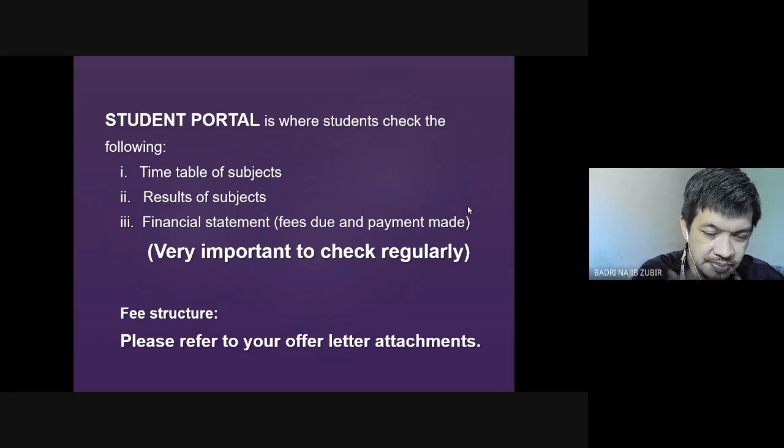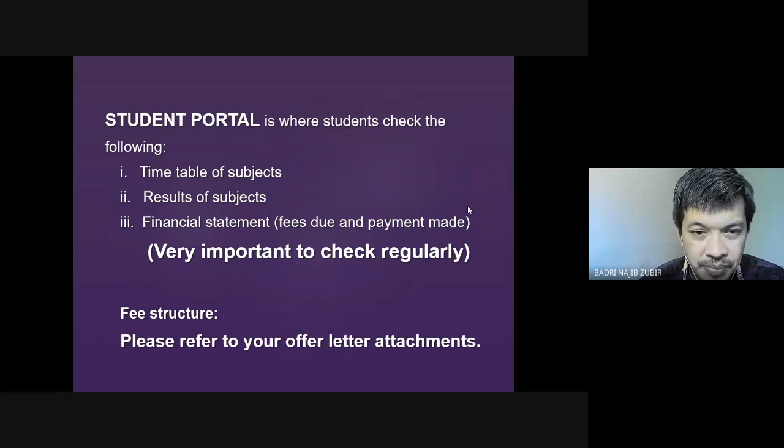For example, he just deposits the money and doesn't say anything. You also do not know anything. So what will happen in the system? Our staff will not be able to know who the money comes from. So that's why you have to alert the finance about the payment, unless you use JomPay.